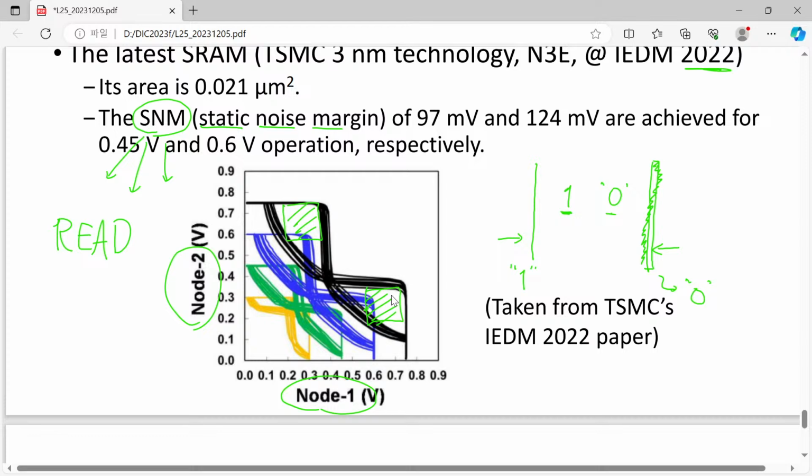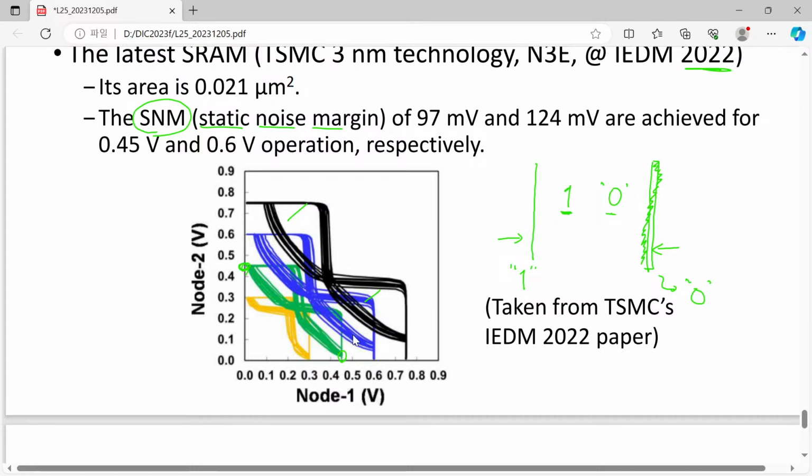TSMC advertised that in their new technology, even with 0.45 volt operation... So where can you find the 0.45 volt operation?